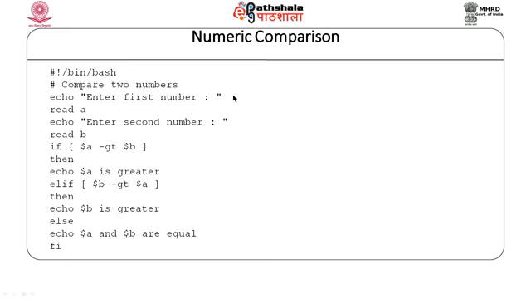In this script, the user is entering two numbers a and b. So, the values will be stored in variable a, variable b. The if condition is testing whether a is greater than b or not. You can see there are square brackets, $a -GT $b.